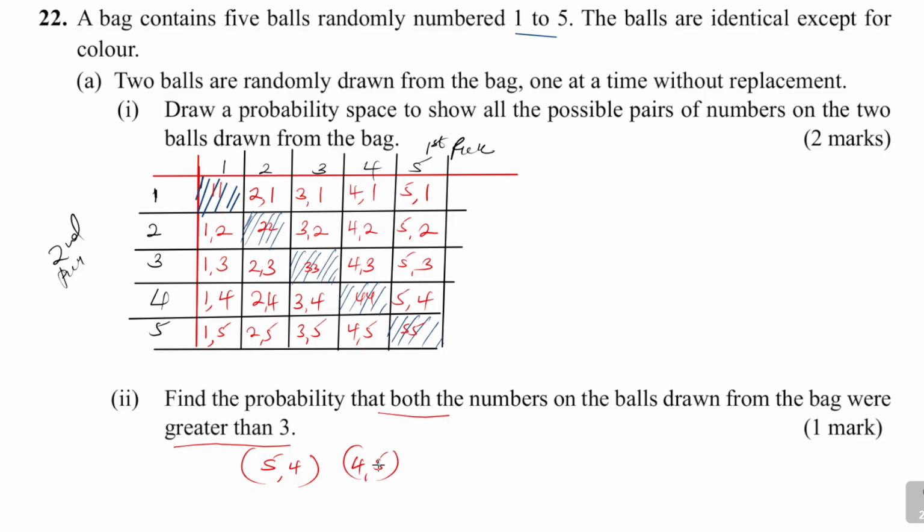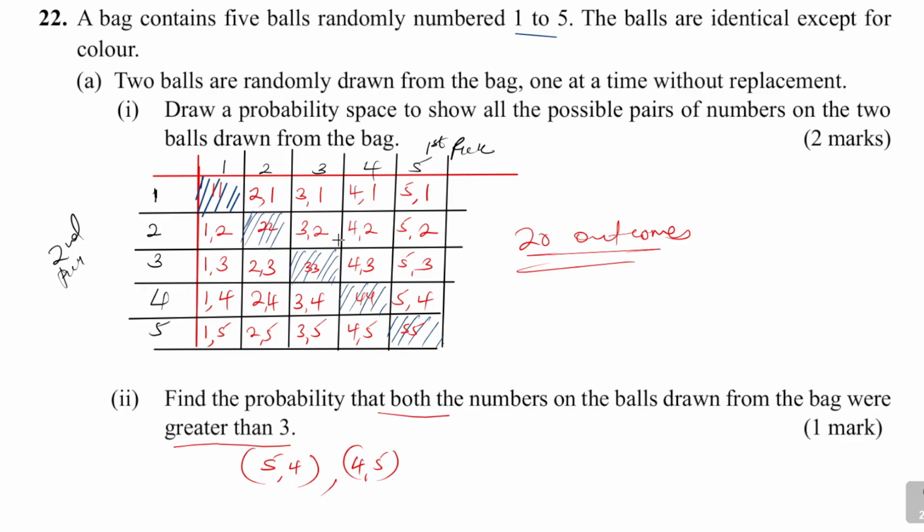Both numbers are greater than 3. So of all the possible outcomes, and you need to count all the possible outcomes, all these outcomes are 1, 2, 3, 4, 5, 6, 7, 8, 9, 10, 11, 12, 13, 14, 15, 16, 17, 18, 19, 20. So we have a total of 20 possible outcomes.